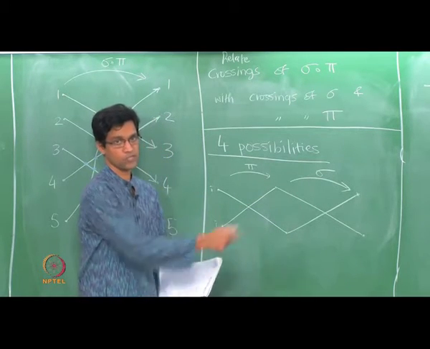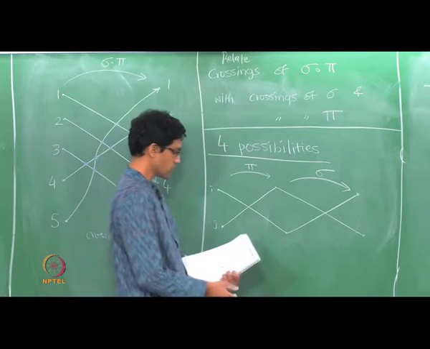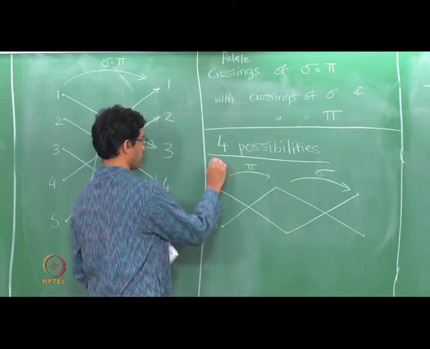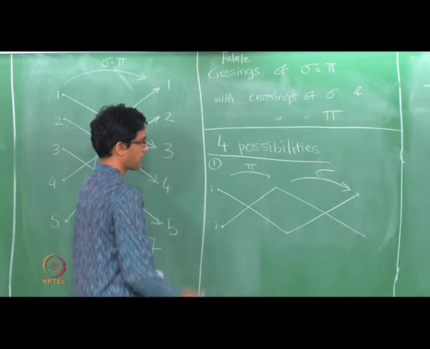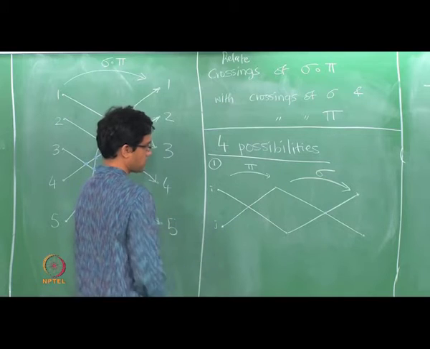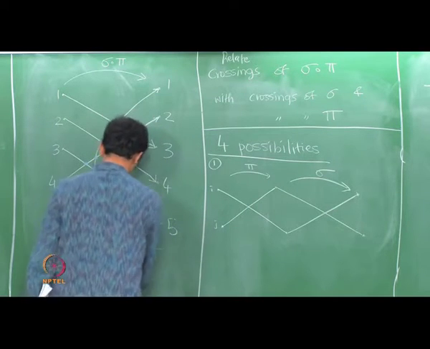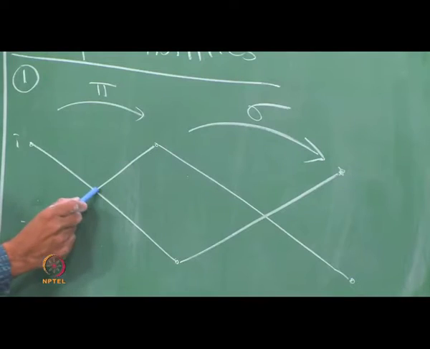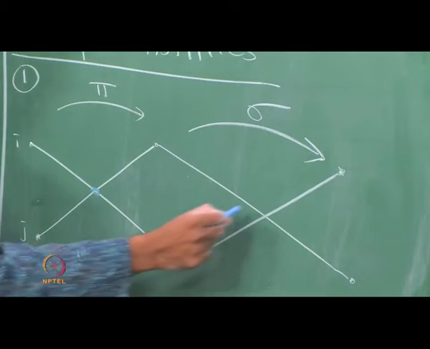So this is 2 successive crossings. This is case 1, the very first possibility. Pi gives me 1 crossing, sigma gives me 1 crossing.